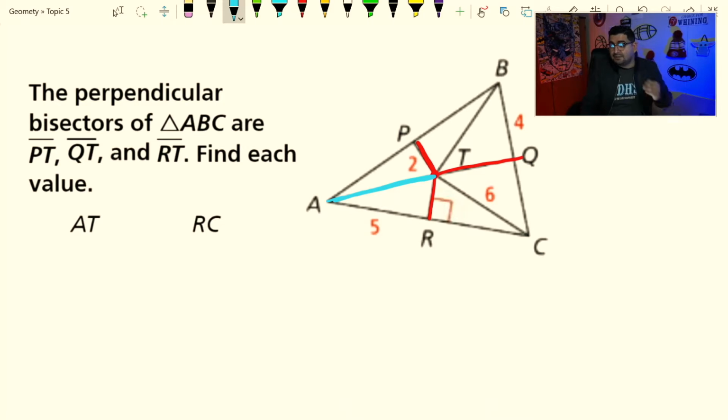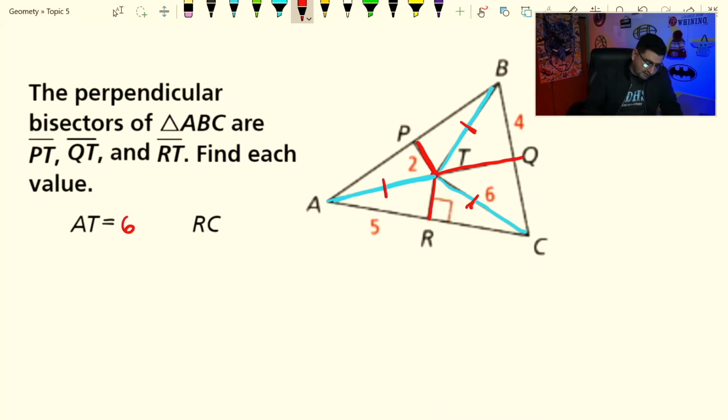As we saw in the previous diagram, every single vertex of the triangle, A, B, and C, is the same exact distance away from T. So AT is the same distance as BT and CT. These three in blue are all the same distance. Therefore, if we know what one of them is, we know what all of them are. I can see here that they gave us CT. They said CT is 6, which means AT also has to be 6.